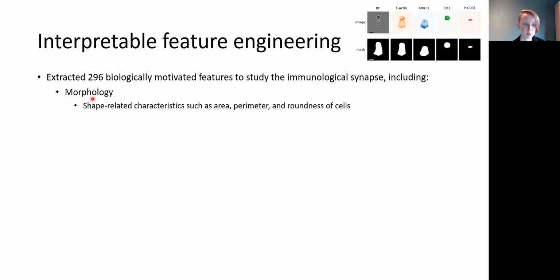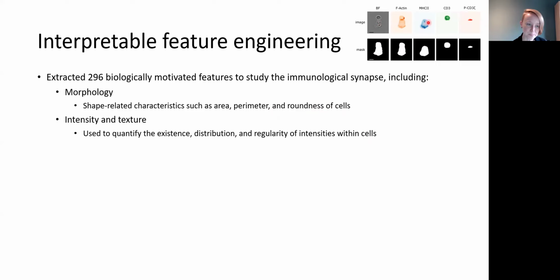So they looked at morphology, so looking at things like the area of the cells, the perimeter, roundness, things like that. And they looked at both the image itself with the different channels for the different stainings and also the mask of that, which basically just looks overall at the shape of it.